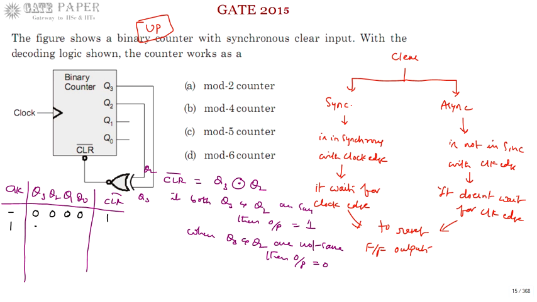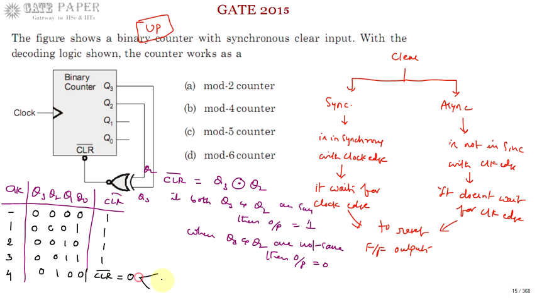After getting a clock edge, the counter increments to 0001, and Q3, Q2 are still the same, so clear bar is 1. Then it becomes 0010, again Q3, Q2 same, so it is 1. On the third clock pulse it becomes 0011, and again it is 1. At the fourth clock edge, the output turns to 0100, and by that time clear bar becomes 0.